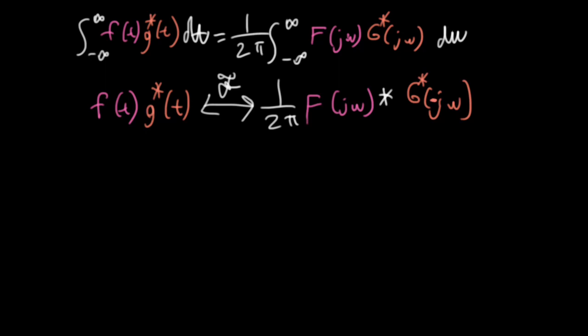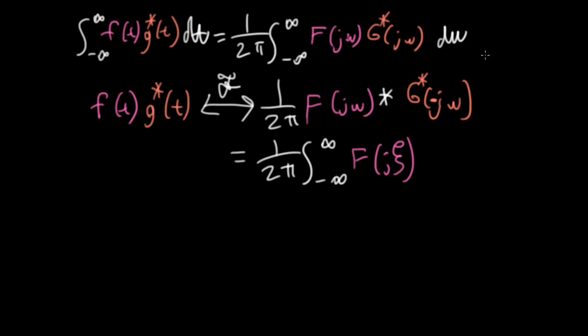Let me take what's on the right and actually explicitly spell out the convolution. So I'm going to write this as 1 over 2 pi, and then we'll integrate from minus infinity to infinity of F(j zeta). Let me put in a little zeta here, just so I have some variable of integration that's not an omega. And then I'll have G complex conjugate of j, and normally it would be omega minus zeta, but because of this minus sign, I'll actually have zeta minus omega.